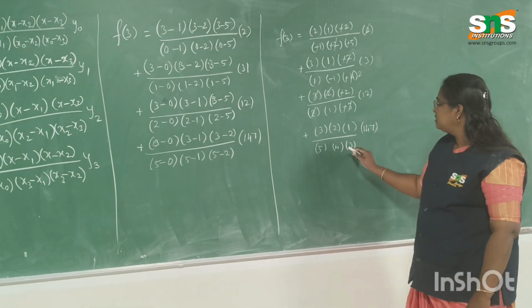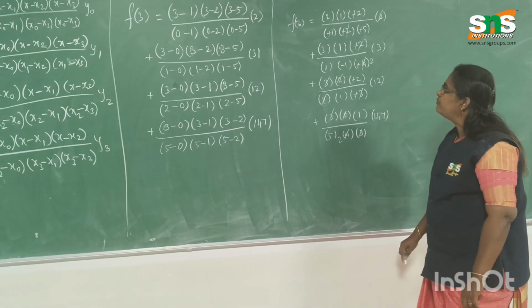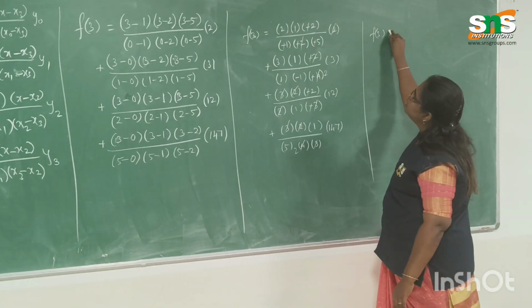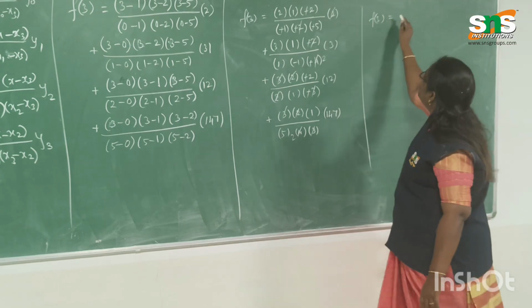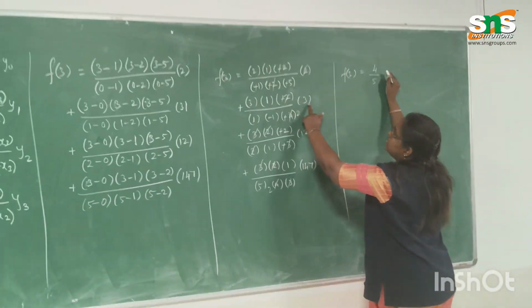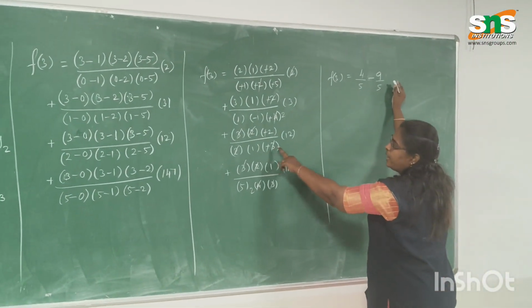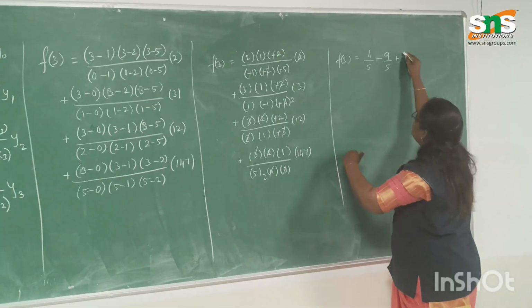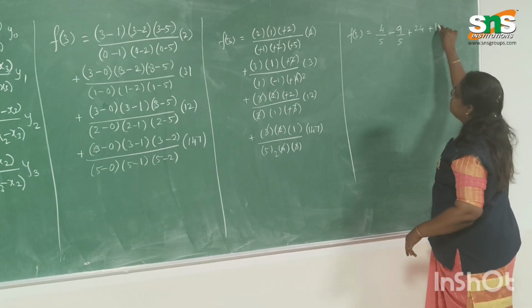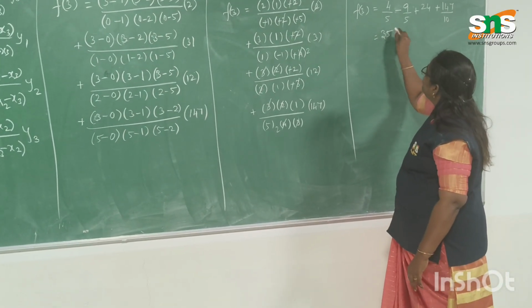So the final conclusion is f of 3 equals 2 into 2, that is 4, divided by 5, then 3 into 3, then plus 2 into 12, that is 24, plus 147 divided by 10. So the conclusion is 35.